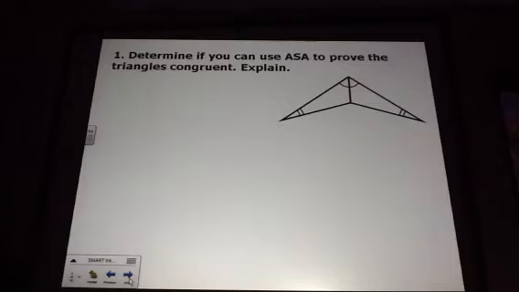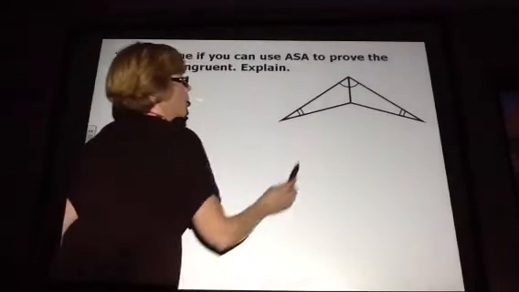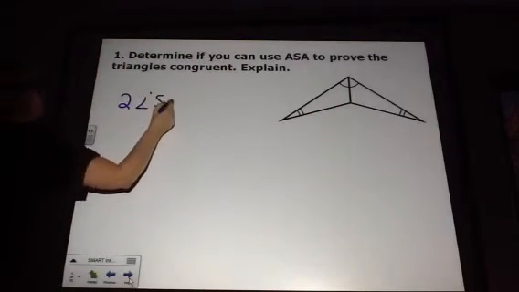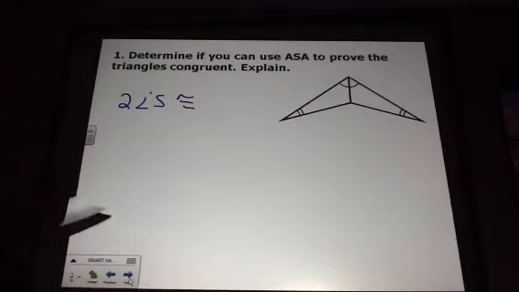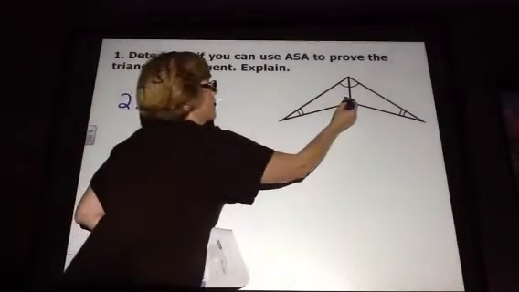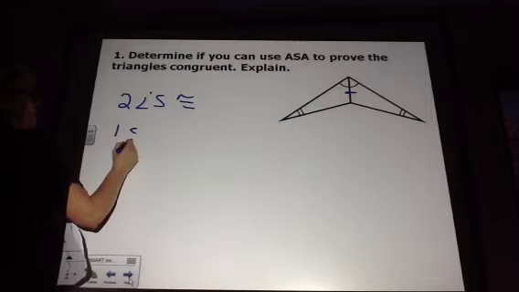Determine if you can use angle-side-angle to prove the triangles congruent and explain. Okay, we've got this angle and this angle congruent, this angle and this angle congruent. So we've got two angles congruent. And we've got this side right here congruent because of the reflexive property.